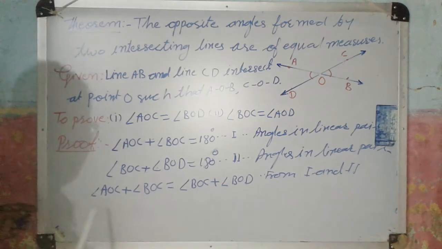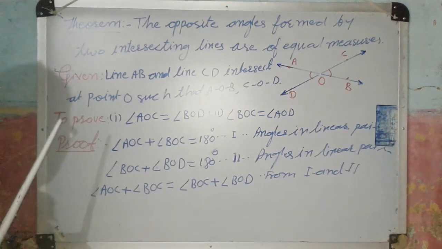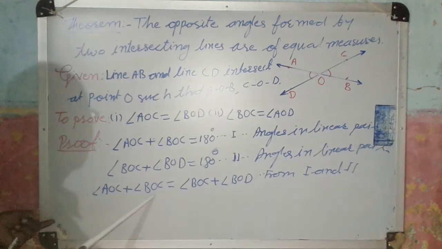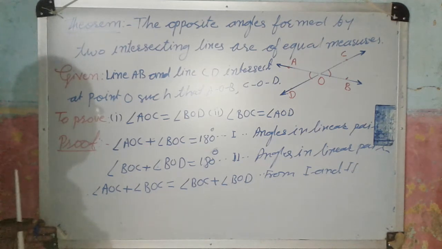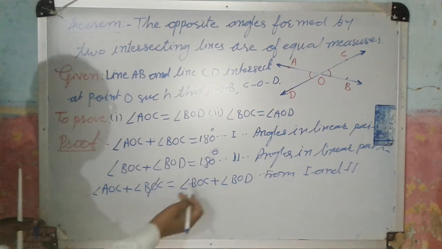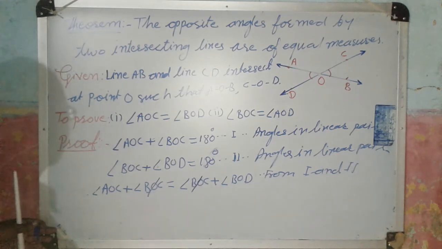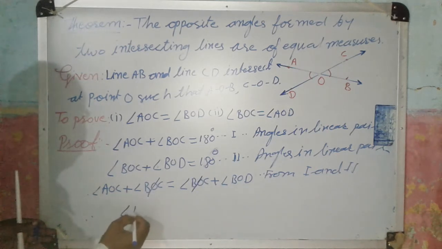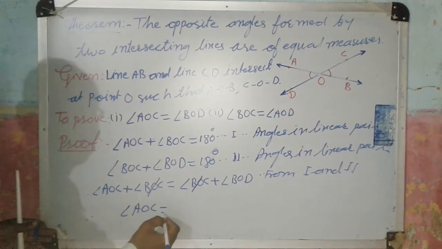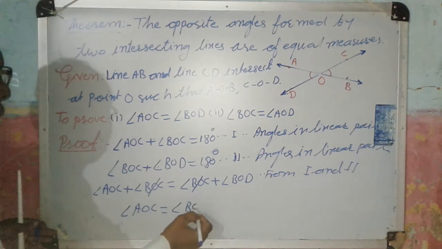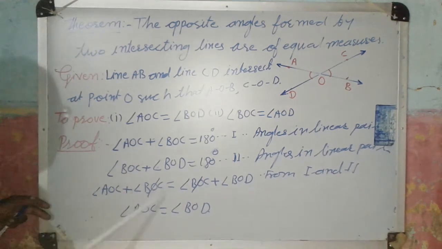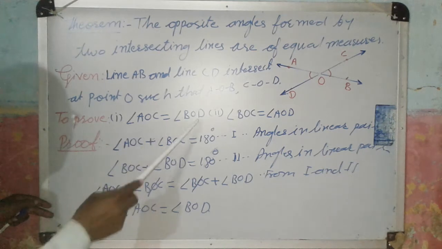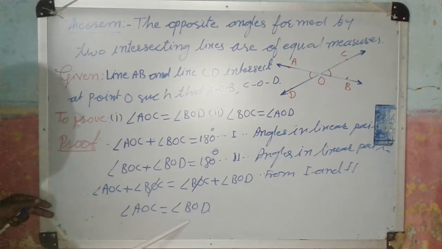Now in this statement, angle BOC is common on both sides. So this angle gets cancelled. So here it remains angle AOC is equal to angle BOD. So in this way, our first statement is proved: angle AOC is equal to angle BOD.